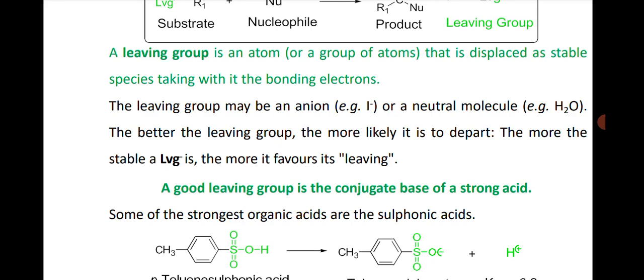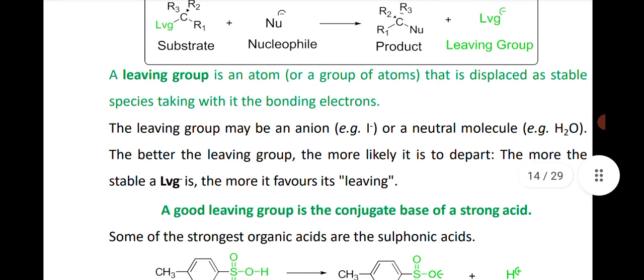So the leaving group may be an anion or a neutral molecule, that is water. The better the leaving group, the more likely it is to depart. The more stable a leaving group is, the more favorable the leaving. Definitely, if a leaving group is stable, it will leave the substrate immediately, and in other words, it has a weak bond with the substrate. We will discuss the bonding between the substrate and the leaving group after discussing this example.